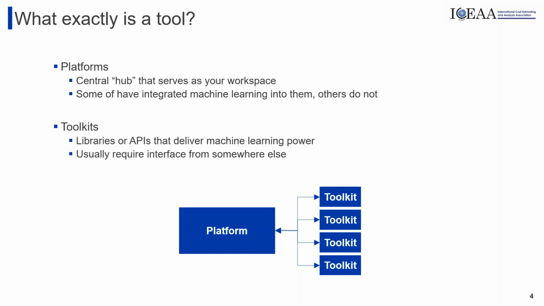Or there's a specific toolkit that are libraries or APIs that deliver machine learning power. But those you can't just use. You need to interface with them from somewhere, which is typically some type of central platform. So there's my short little cartoon at the bottom. You're going to work out of some hub and then interact with things. I think that's simple enough. So moving on to 5.